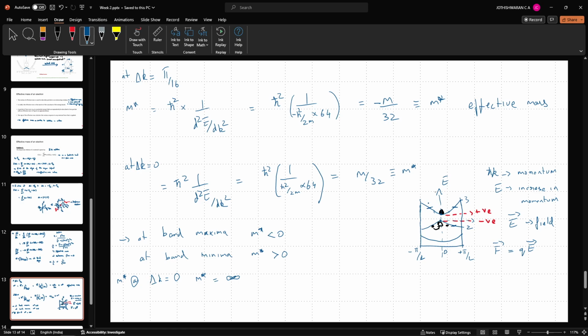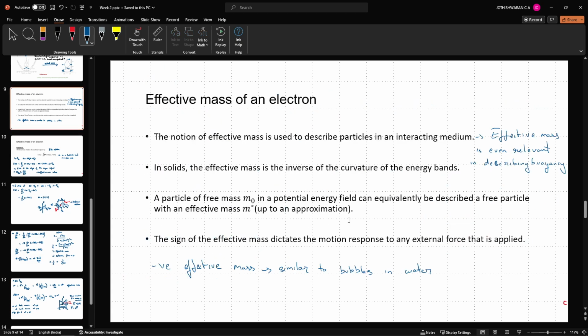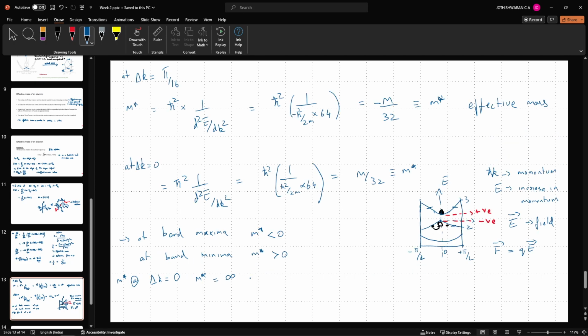Now, in that region, since the mass is infinite, what was our conceit? Our conceit is that a particle of free mass m naught in a potential energy can be treated as a free particle with effective mass m star. Now, m star has become infinite.